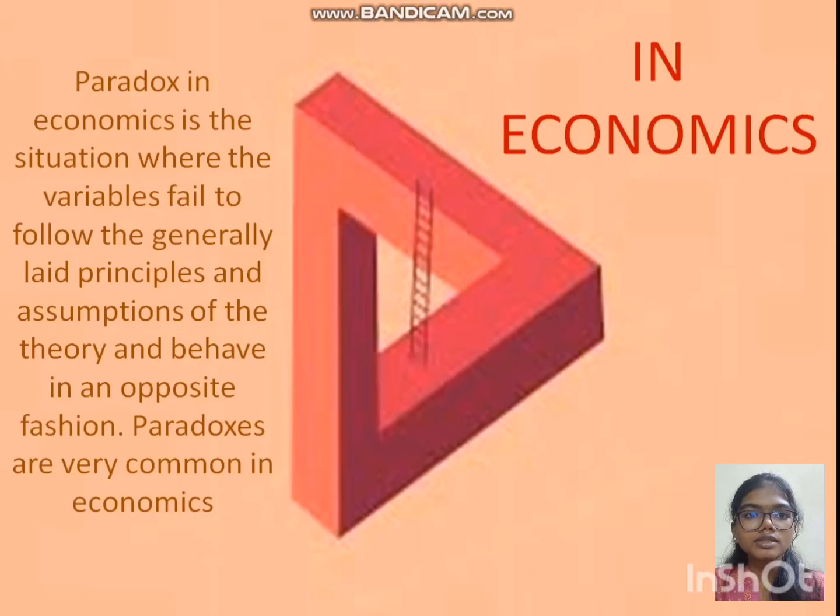In economics, it is a situation where the variables or applications fail to follow the generally laid principle and assumption of the theory, and it behaves in an opposite fashion. Paradoxes are very common in economics. Giffen paradox is one such.